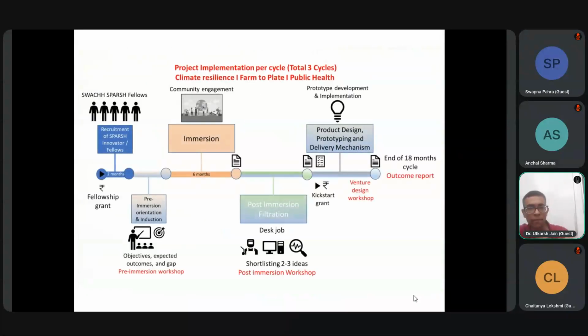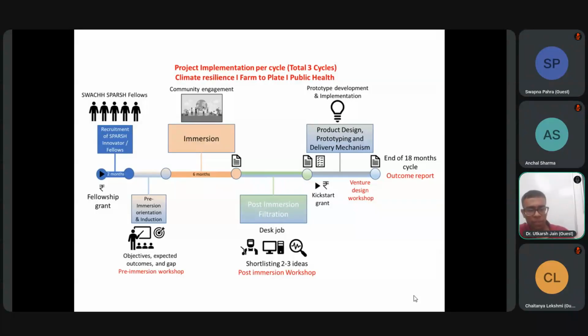We will be hiring 5 fellows in each cycle, so a total of 15 fellows we are going to hire, who will be working on bridging the gap between the laboratory and the problems which are actually social problems related to public health, farm to plate, and climate resilience.